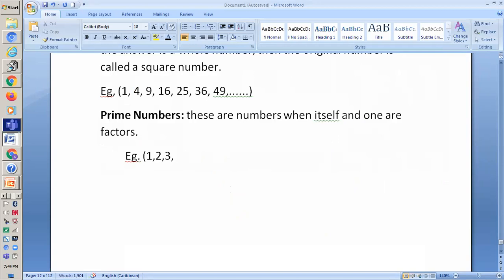Would 5 be a prime number? Yes. 7, 11, 13, 17, 19, 23. What will come after that?